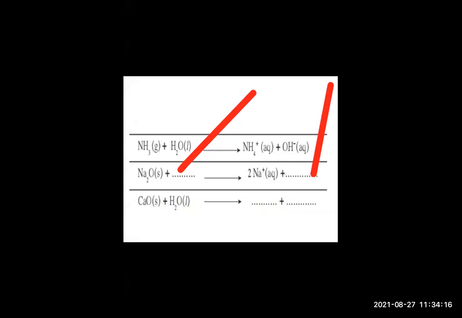Okay, now in the next equation, CaO, that is calcium oxide, reacts with H2O, water, to give blank plus blank. Both the blanks are for you to solve. Can you guess what will be the answer?